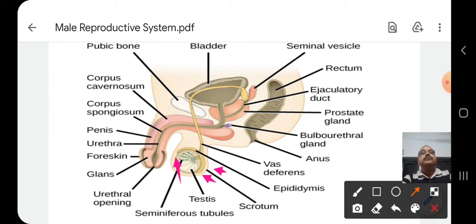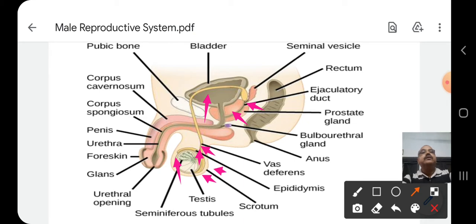These tubules form the epididymis, and from the epididymis a tube arises known as vas deferens. It proceeds upward into the abdominal cavity, then unites with the duct of the seminal vesicle to form the ejaculatory duct.